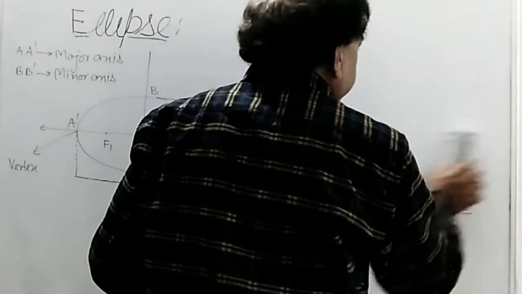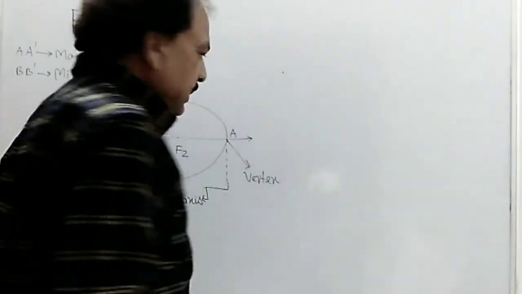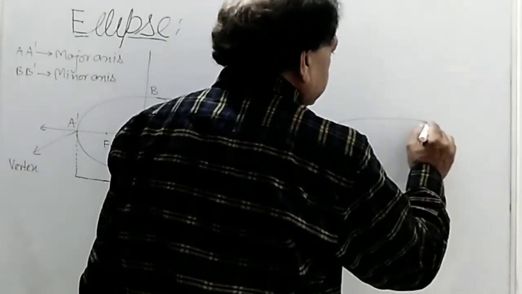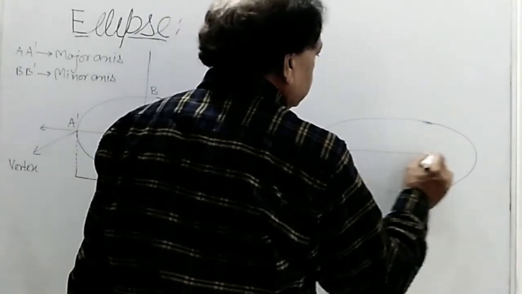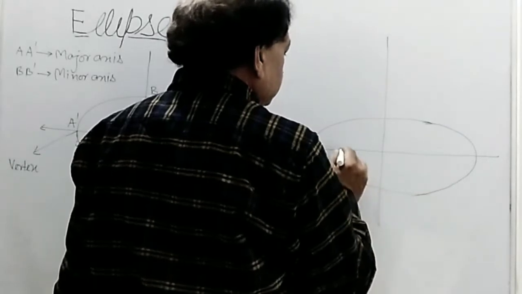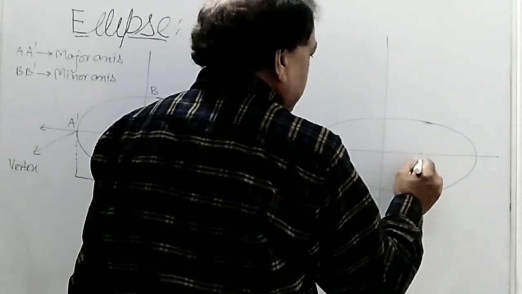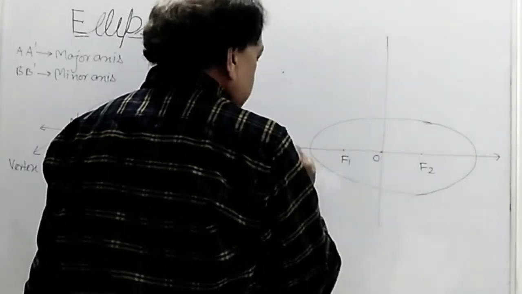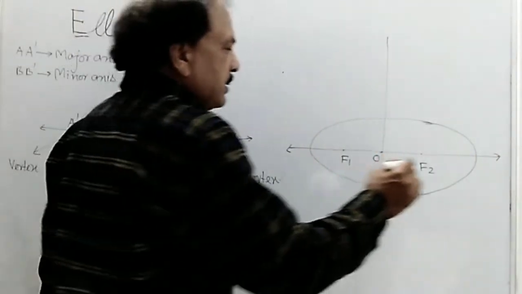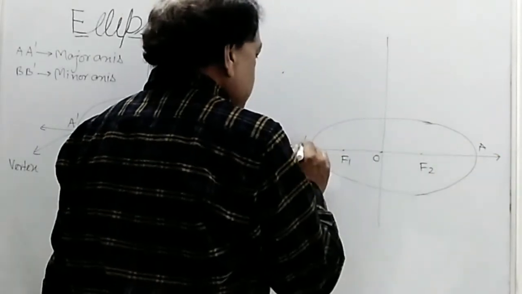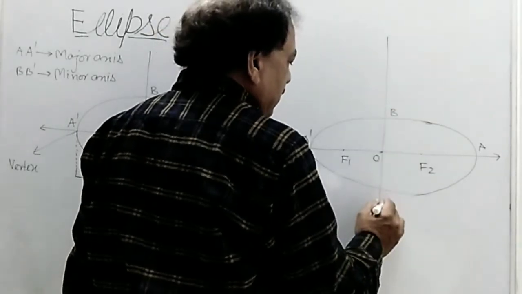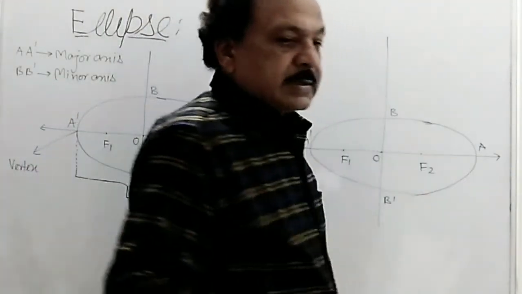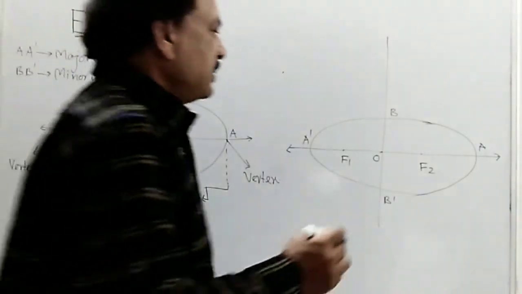In this case, F1 and F2 are the foci of the ellipse, and now the standard equation of the ellipse. This is the major axis AA dash.